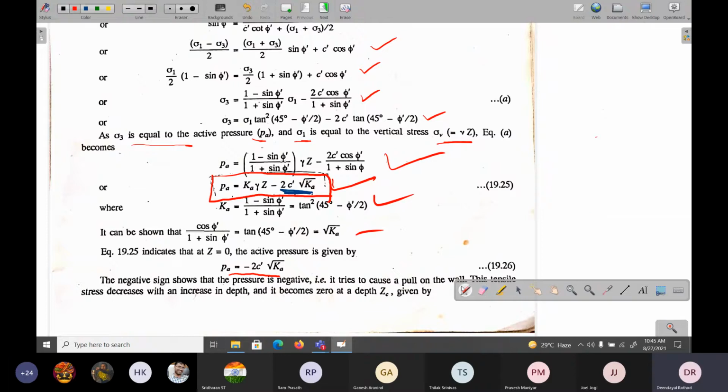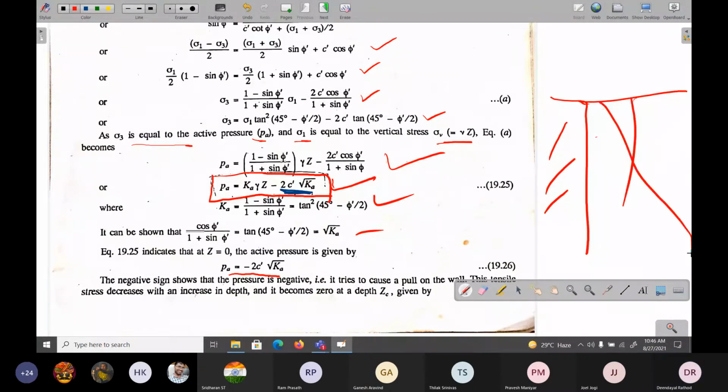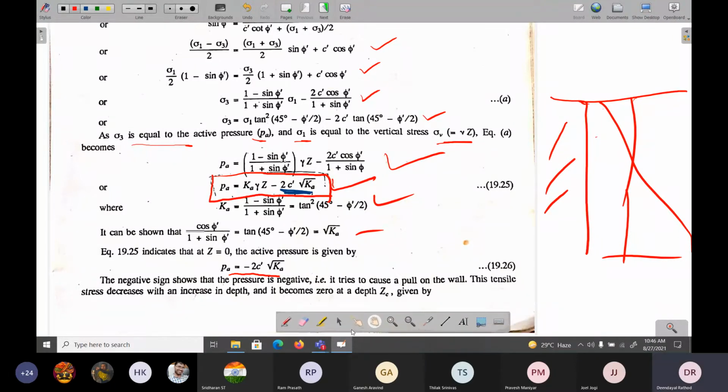That means some pressure is there, and that pressure is negative, and somewhere it will be positive. I will show you that in the next class. The negative sign shows the pressure is negative, and that tries to cause a pull on the wall, because it is not pushing, it is pulling.